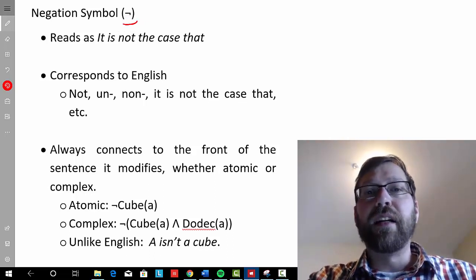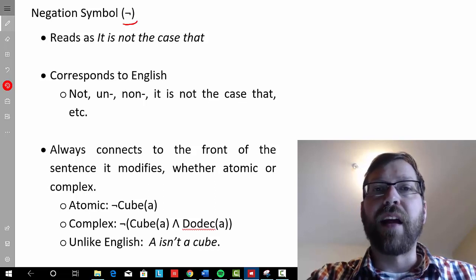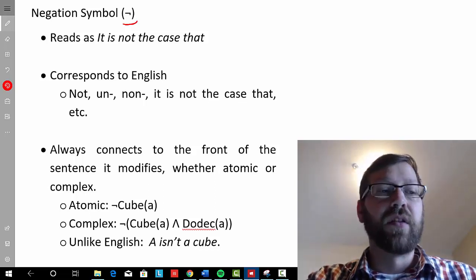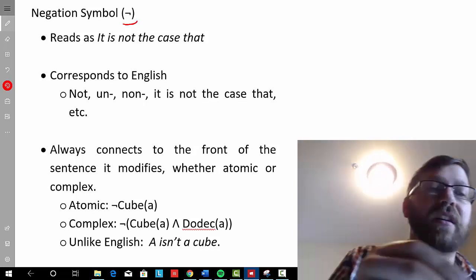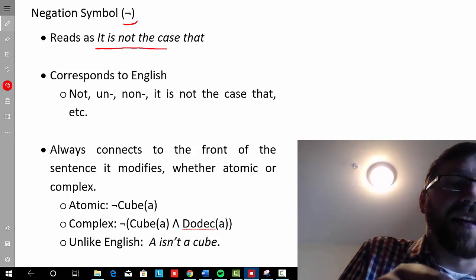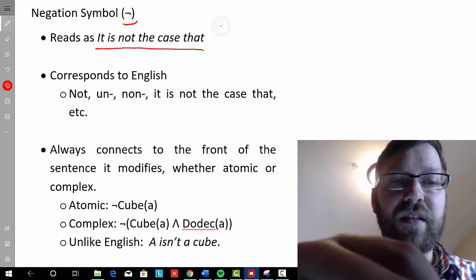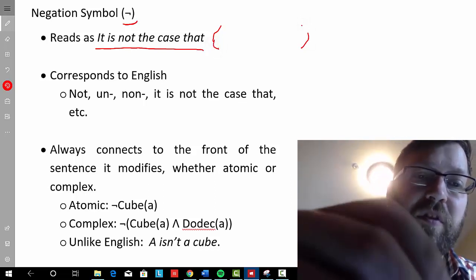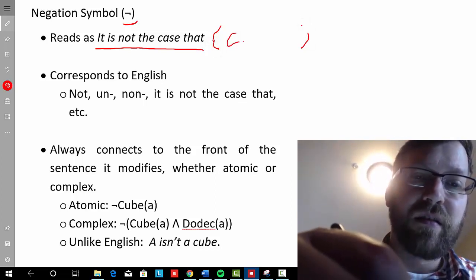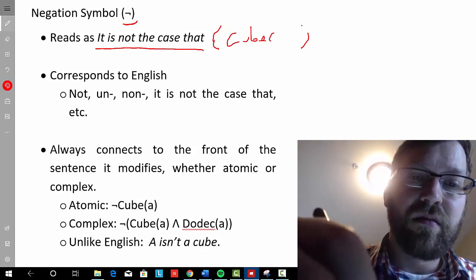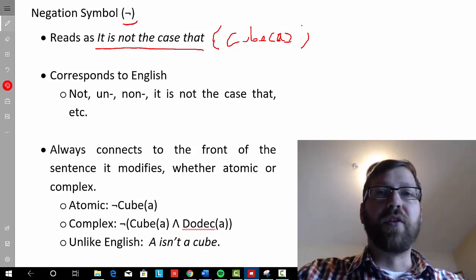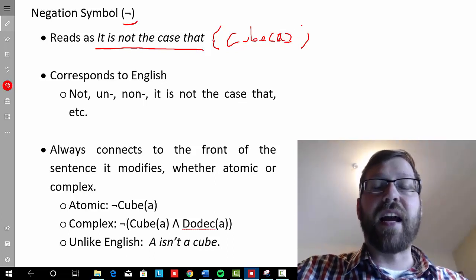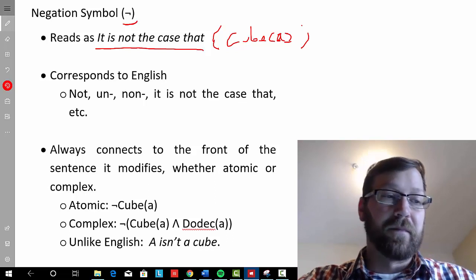And when you're reading a bit of FOL that is employing a negation, when you come across the negation, it reads as, "It is not the case that." So for instance, if what was being negated was this, you would read it as, "It is not the case that A is a cube."